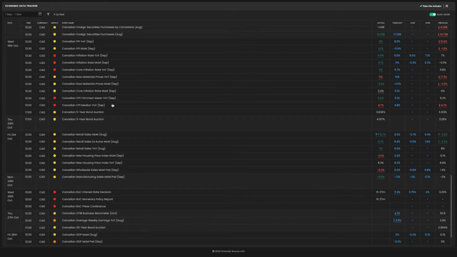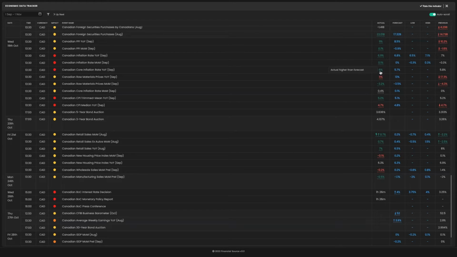A couple of things to note first and foremost. The inflation print in the Canadian economy has been gently dropping. You can see the core inflation print is 6%. Yes, 5.7% was forecast, but the 6.9% is down from the 7% prior, so 0.1% down was the core inflation.